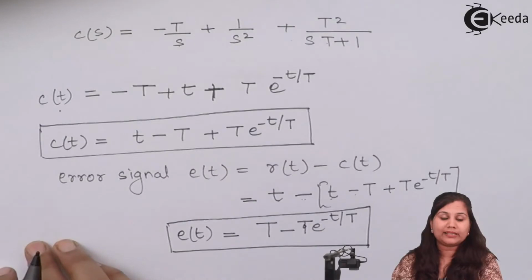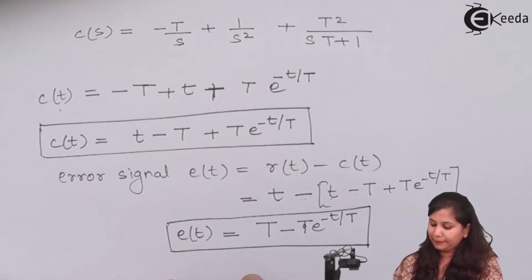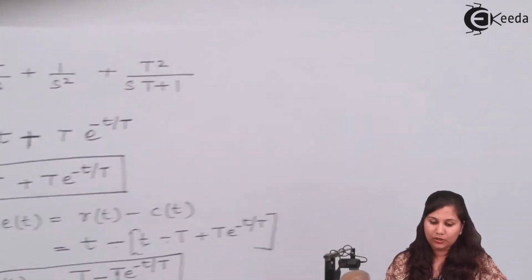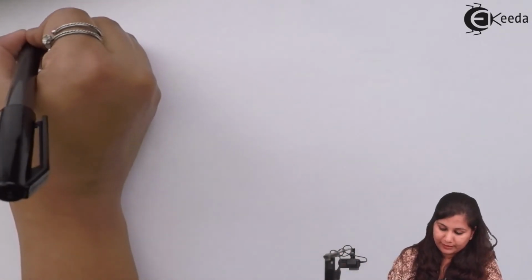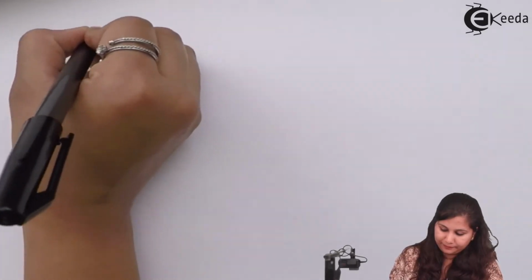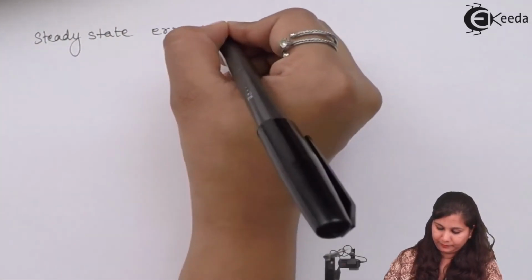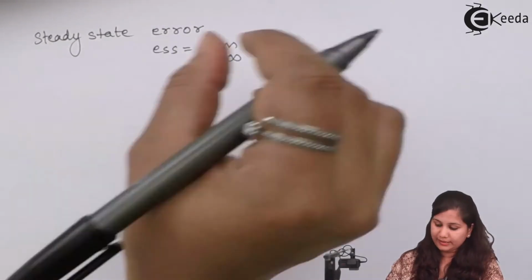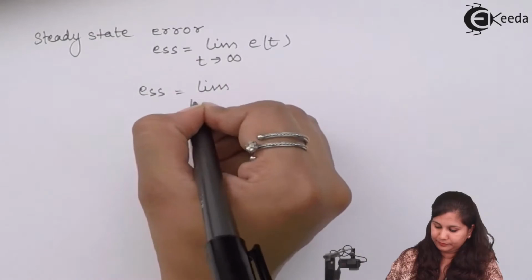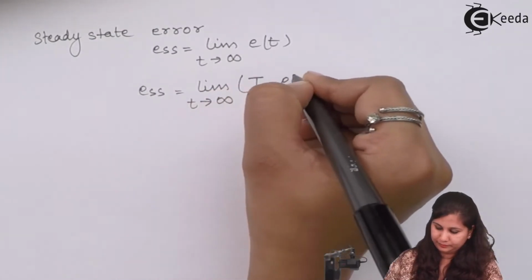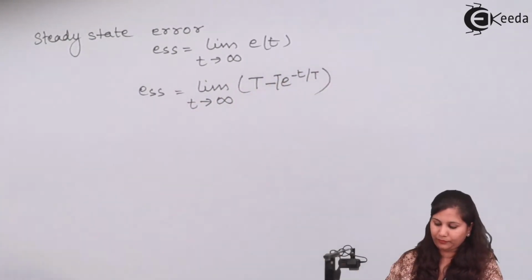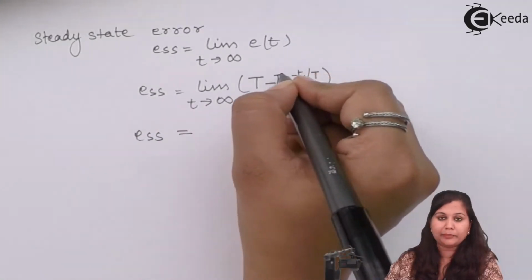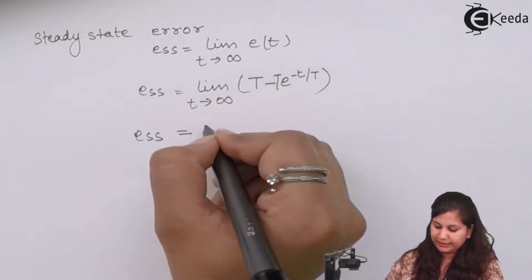If we want to calculate the steady state error, then we apply the limit t tends to infinity on this error signal. So if t tends to infinity, then this term will be 0 and only capital T is left.